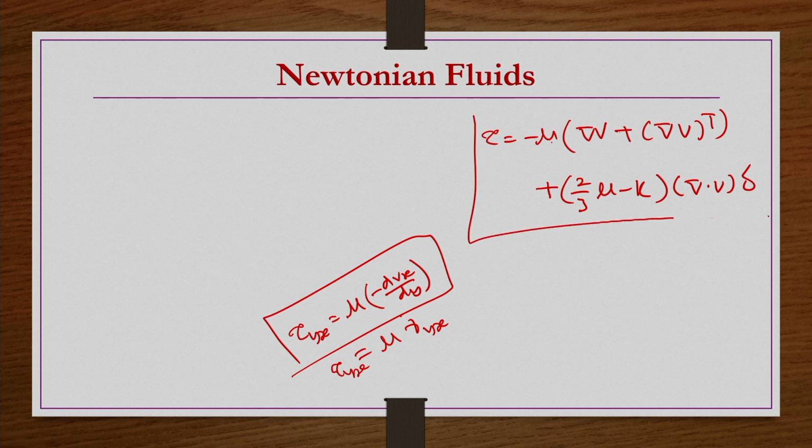This is the generalized expression for the shear stress. Right. So, now coming back to this one dimensional case, tau y x is directly proportional to gamma dot y x, and the proportionality constant is the viscosity mu.